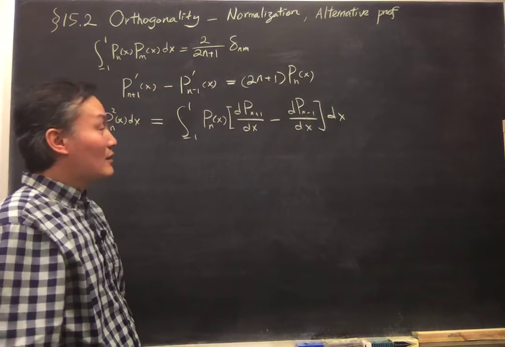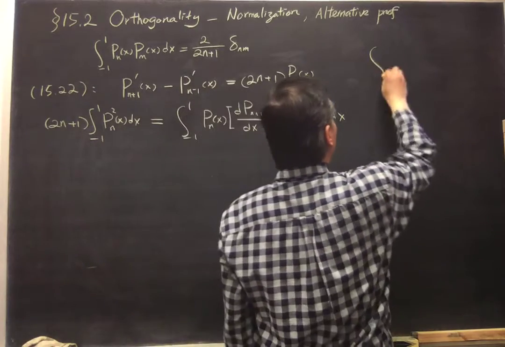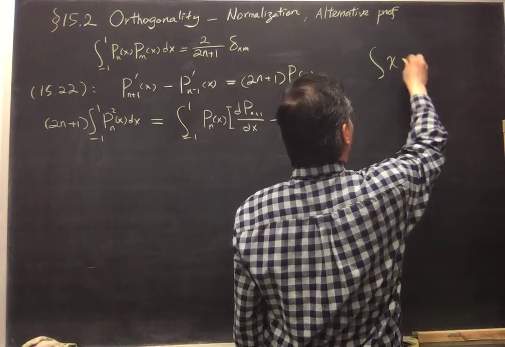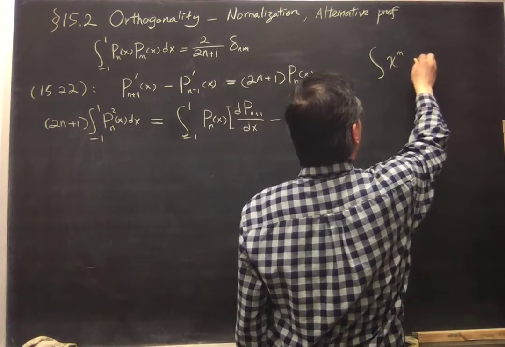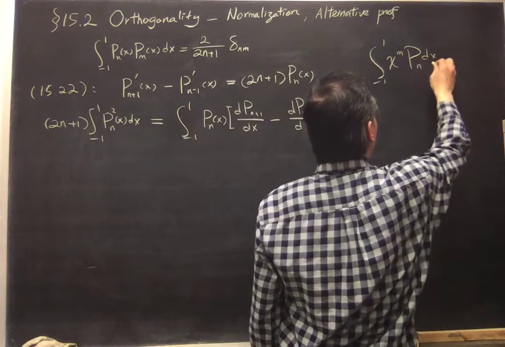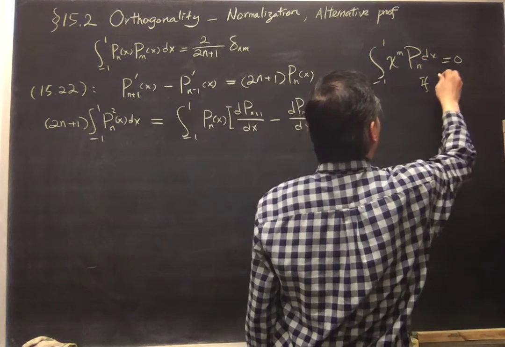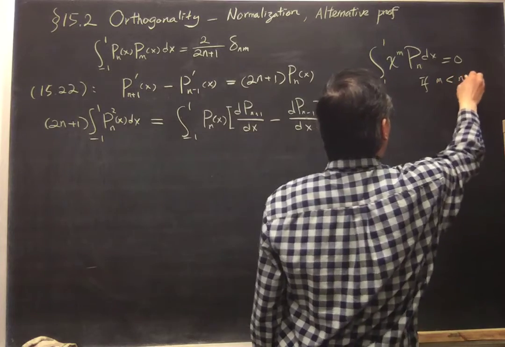So you can figure out that the integral of any x to the power m times Pn dx will be 0 if m is less than n.